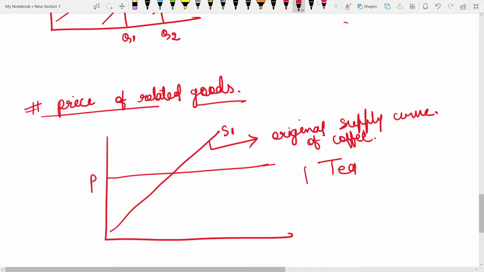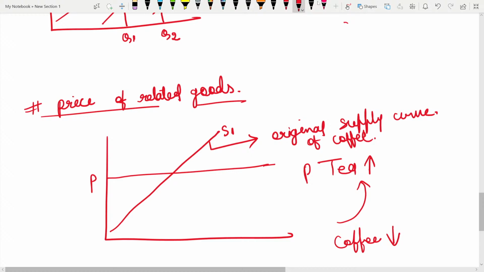So if the price of tea has gone up, what will happen? Producers just shifted to producing more of tea, and the supply of coffee has gone down.